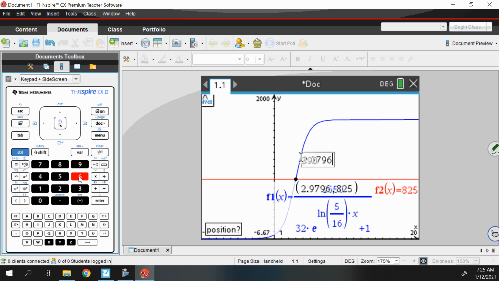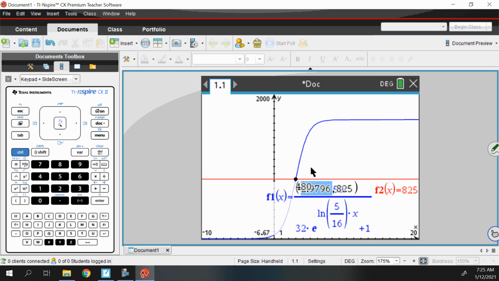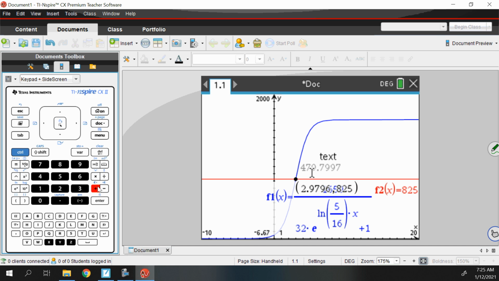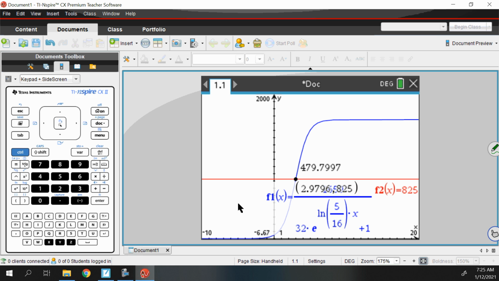If we hit enter, and if we extend the decimals out, notice that matches. We got 479.800. So doing it on the calculator, that might be the quicker way to find it, but you also could sub it everything into the differential equation.